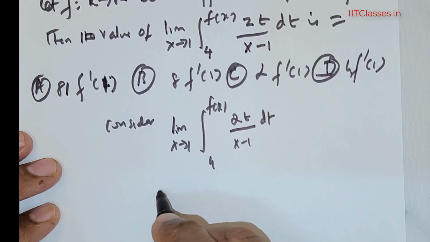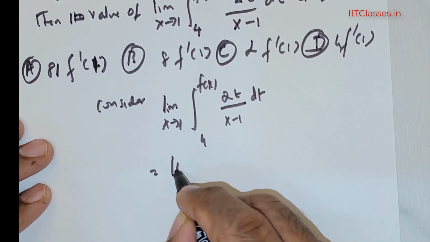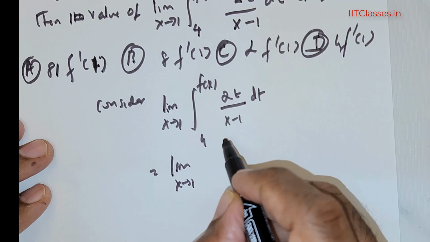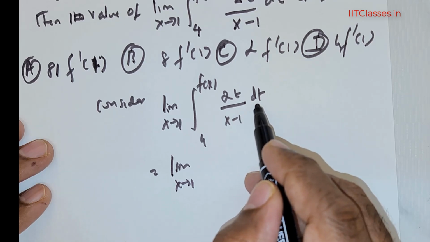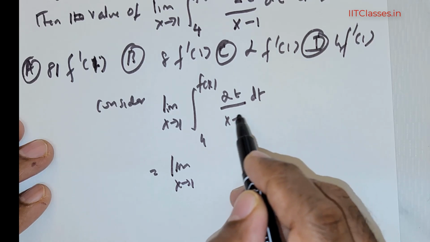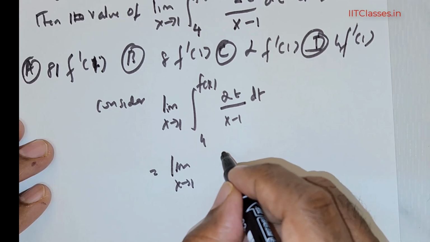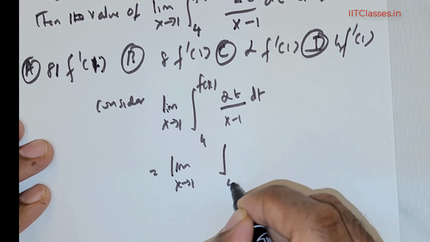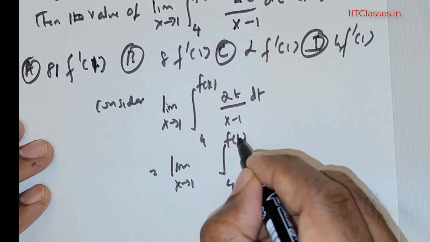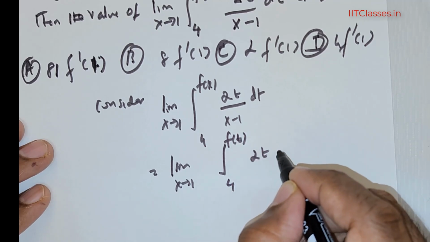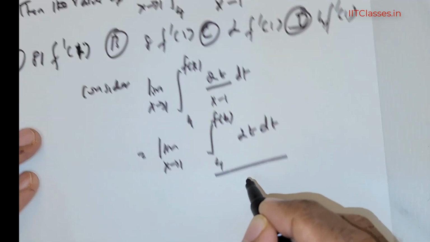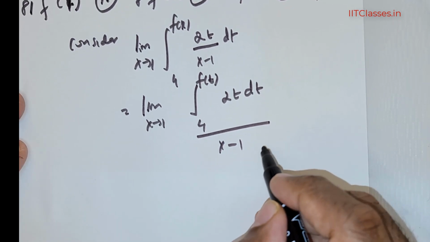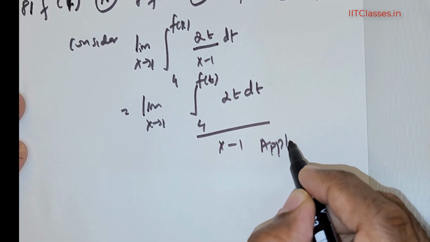Now this can be rewritten as a limit as x tends to 1. The integration is with reference to the variable t, but we have x minus 1, so I will rewrite this as the integral from 4 to f of x of 2t dt over x minus 1. Now I will apply L'Hopital's rule.